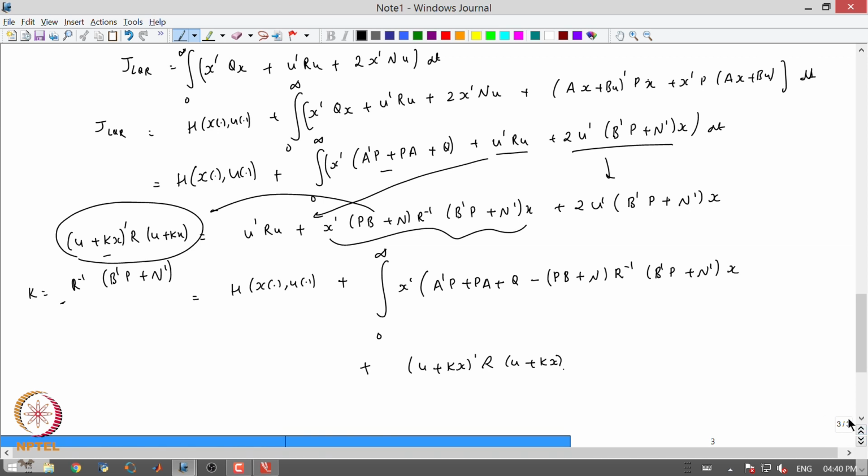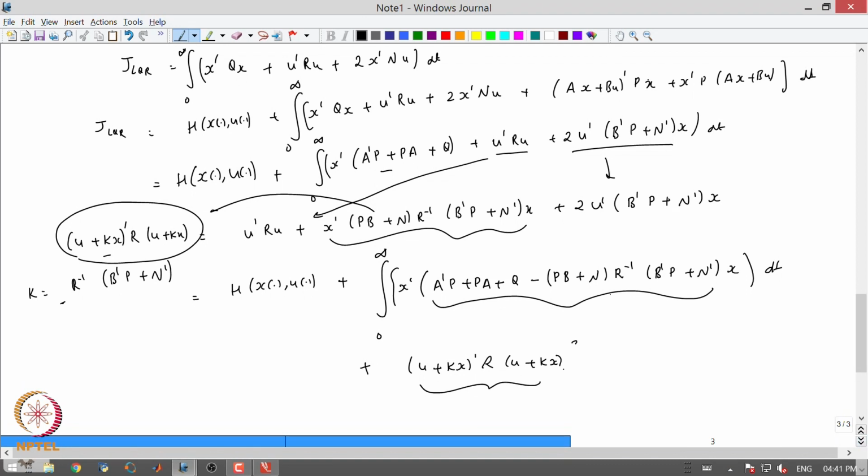Okay, now look at the term inside here. All this will be under the integral dt. Look at this term carefully and then also this term.